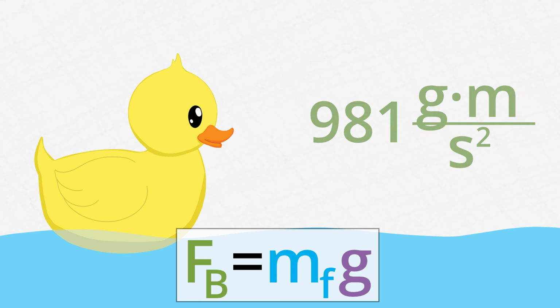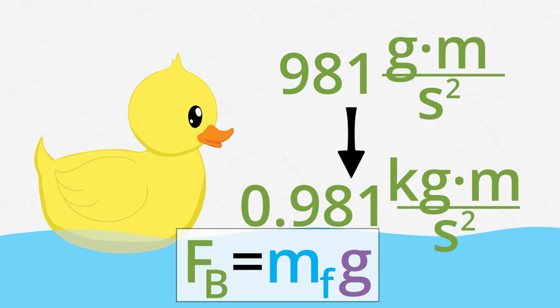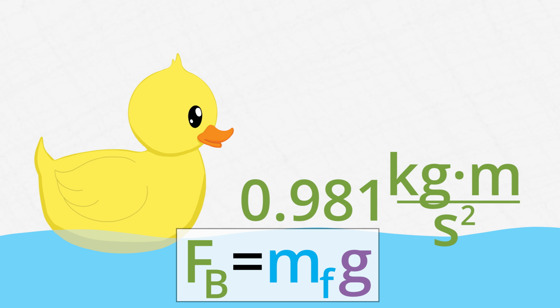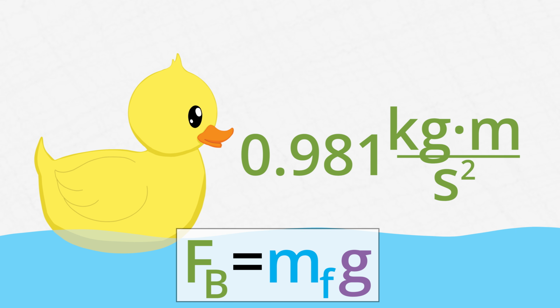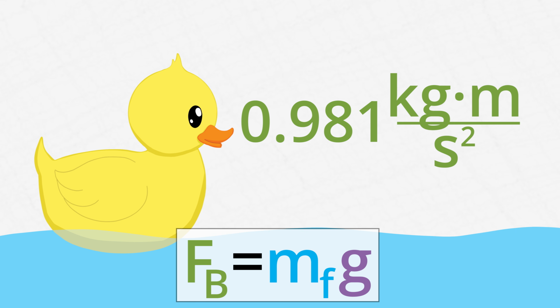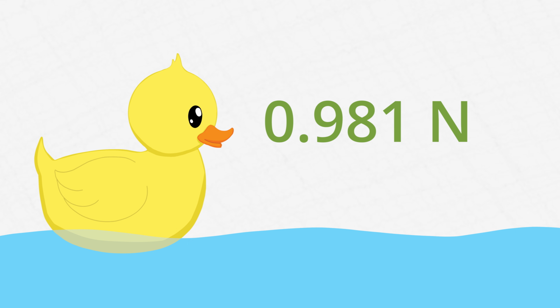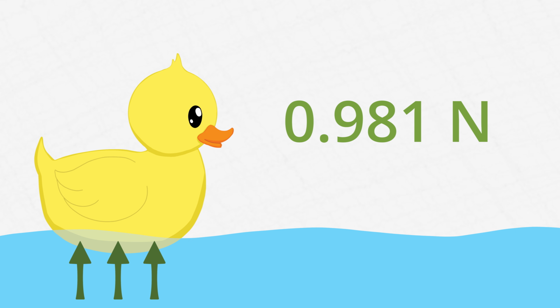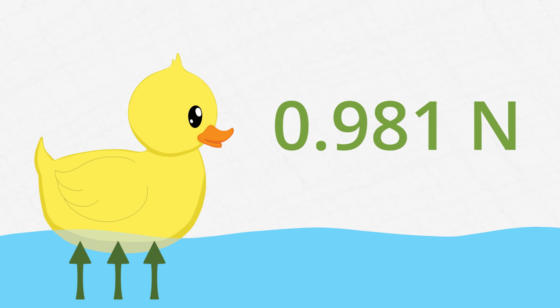This gives us 981 grams times meters per second squared. Then we convert that into 0.981 kilograms times meters per second squared, and because we don't want to say that whole unit over and over, we simply call it newtons. Thus, the buoyant force acting on the duck is 0.981 newtons.